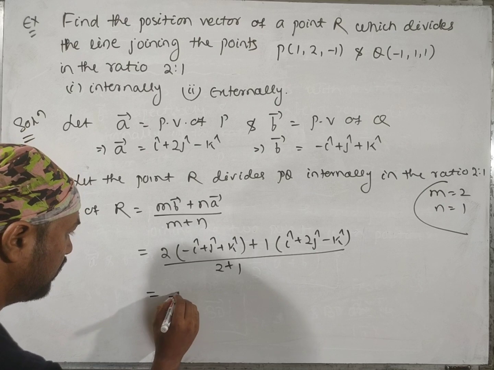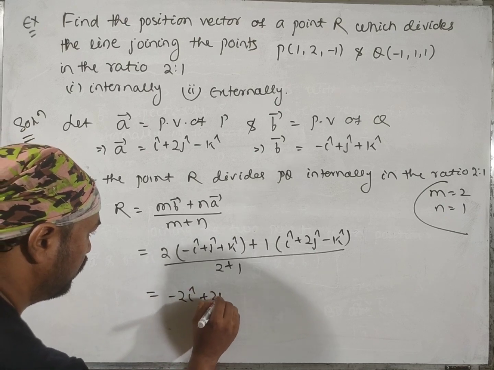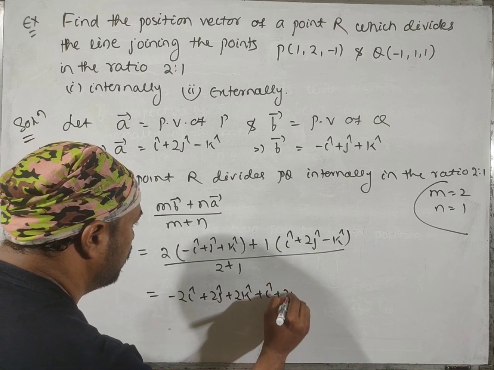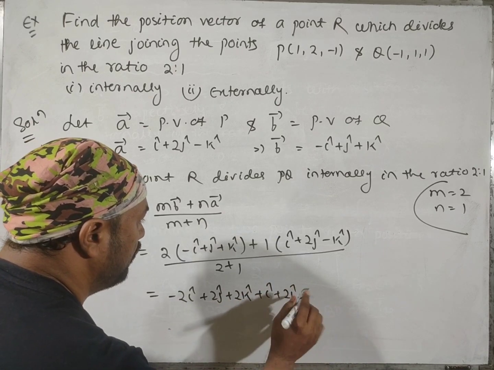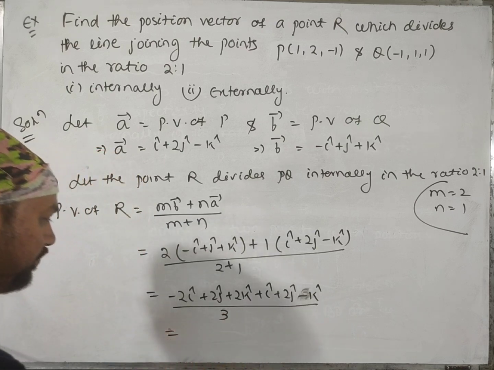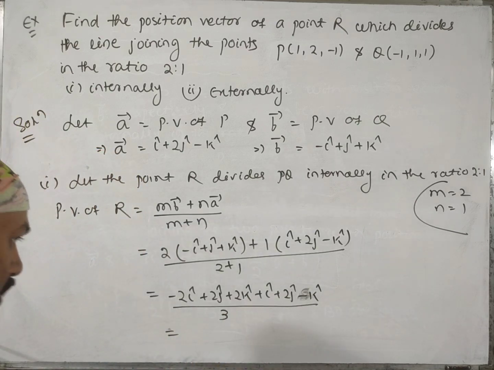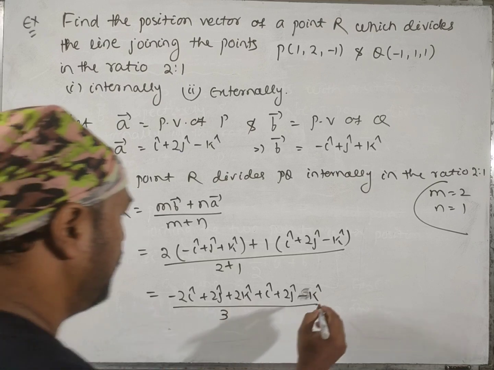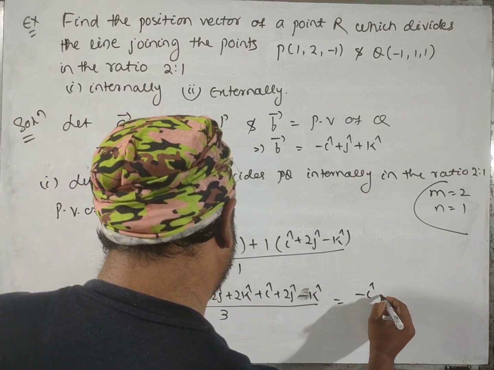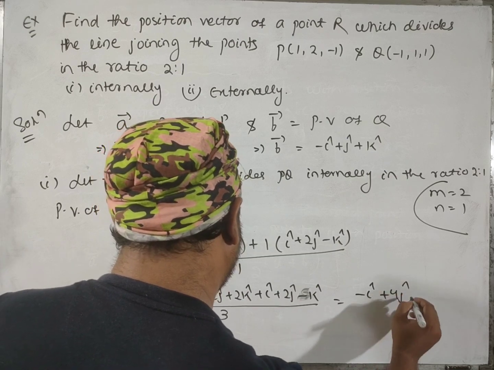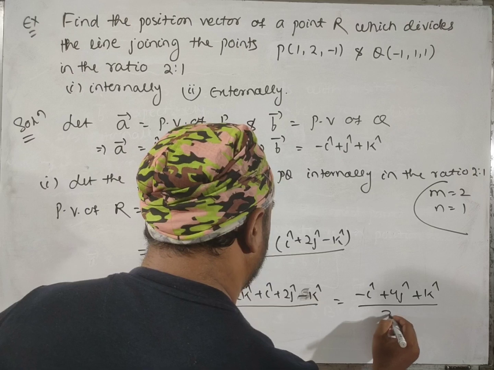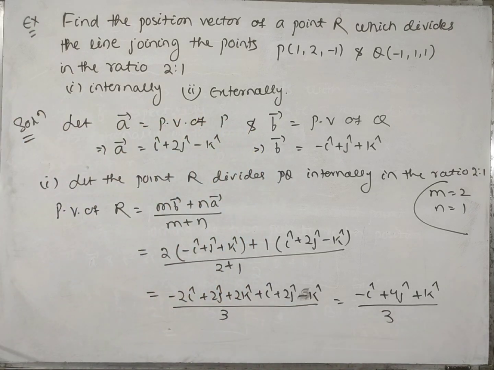Solving, we have minus 2i cap plus 2j cap plus 2k cap plus i cap plus 2j cap minus k cap divided by 3, and again solving we have minus i cap plus 4j cap plus k cap divided by 3. It is the position vector of R.